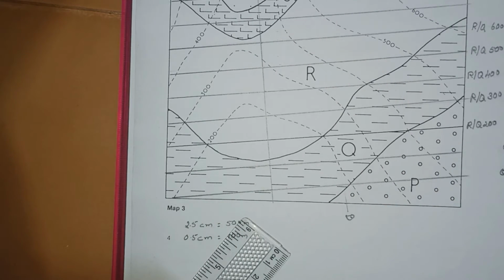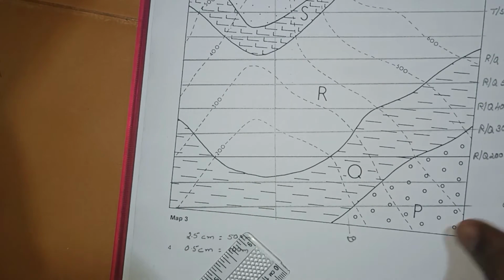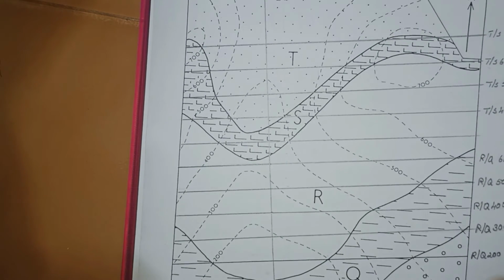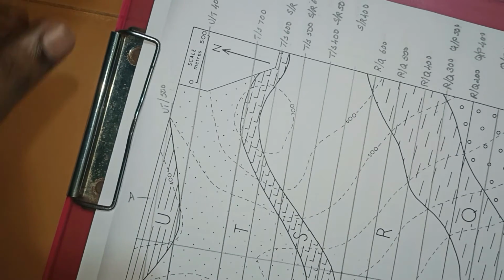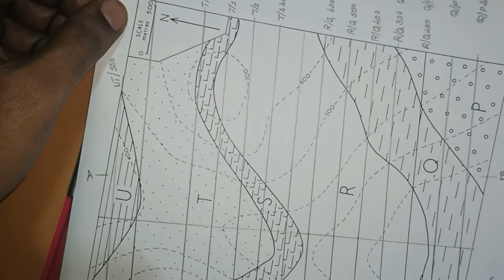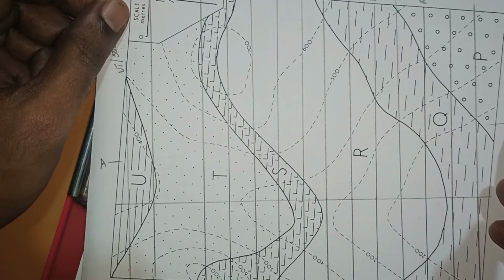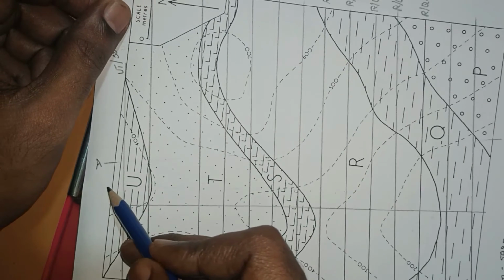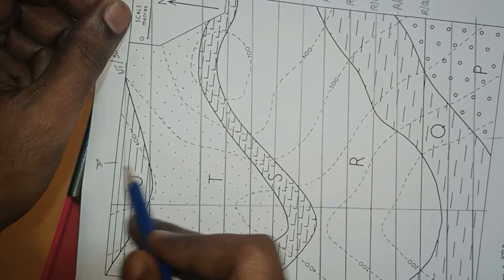cross section drawing. I have already discussed cross section drawing in the previous videos. So anyhow, this is my point A and B. Okay, so I'm going to draw a cross section along these 2 points.